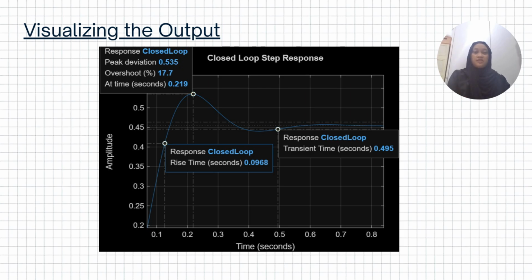As we can see here, the step response shows a stable underdamped second-order system, where the motor reaches a rise time of 0.0968 seconds, peaks at 0.219 seconds, produces a 17.7% overshoot, and settles within 0.495 seconds, demonstrating a fast and stable response. Next we will see a comparison between manual calculations and the MATLAB simulations.